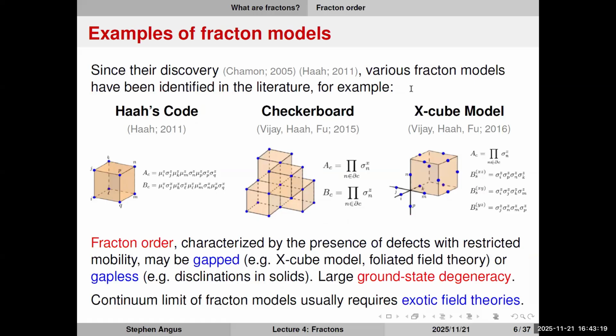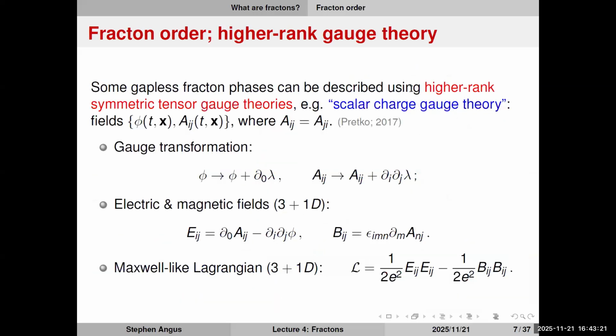Okay, so usually when people try to write down a continuum description of these, one way of doing that is to have some exotic gauge theories, in particular some higher rank gauge theories. So some gapless fracton phases can be described using higher rank symmetric tensor gauge theories.